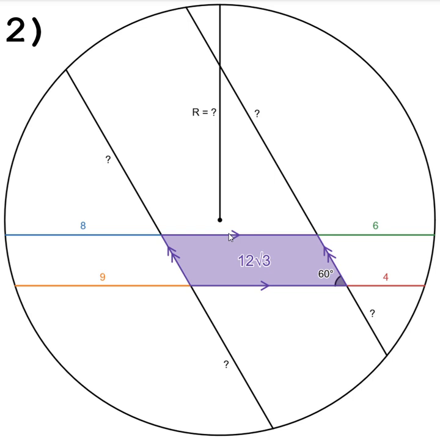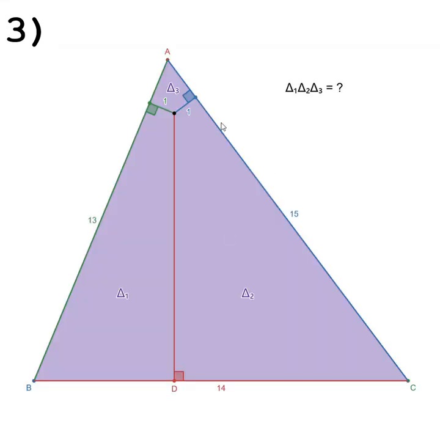And then comes the third question, which has a triangle ABC, and then we have a point such that the perpendiculars from this point to AB and to AC are both equal to 1, and then the lengths of the sides of the triangle are 13, 14, and 15 respectively.